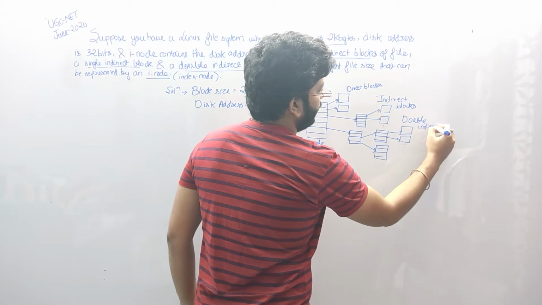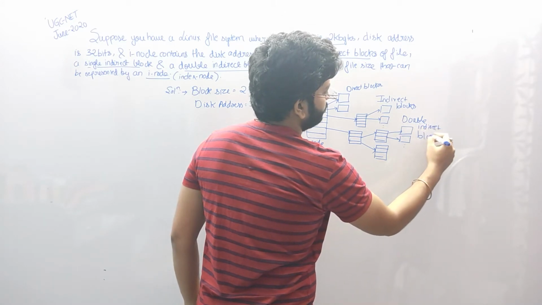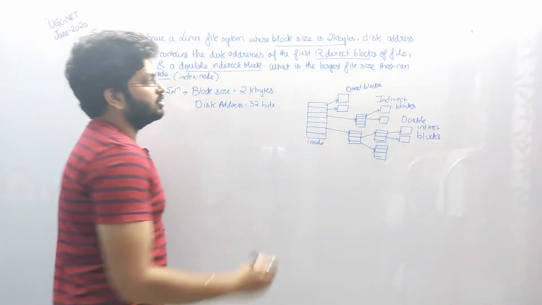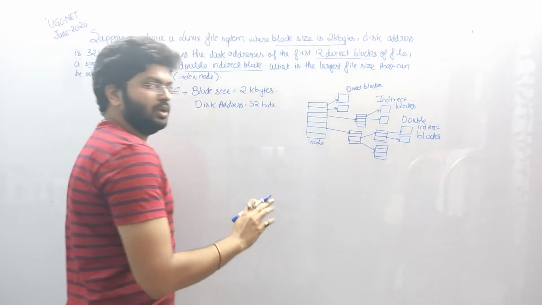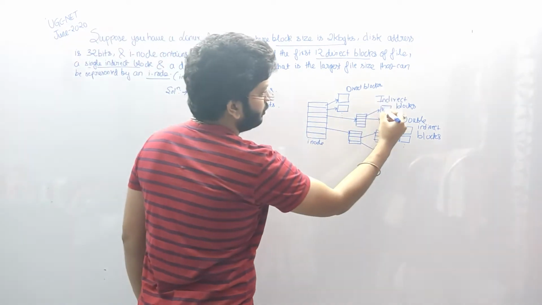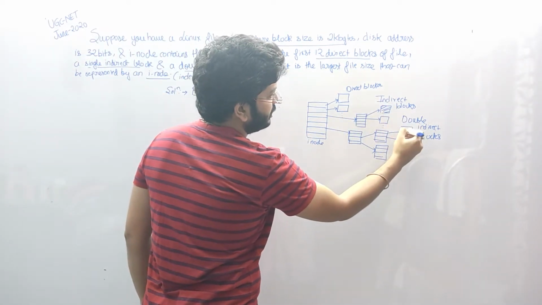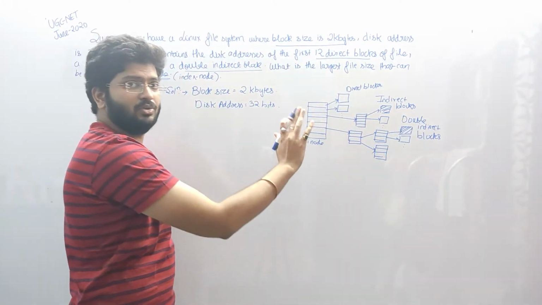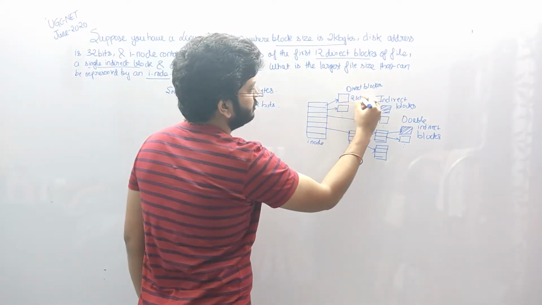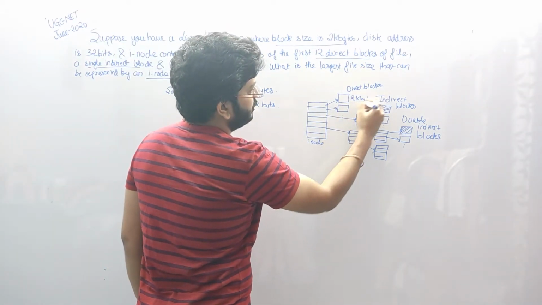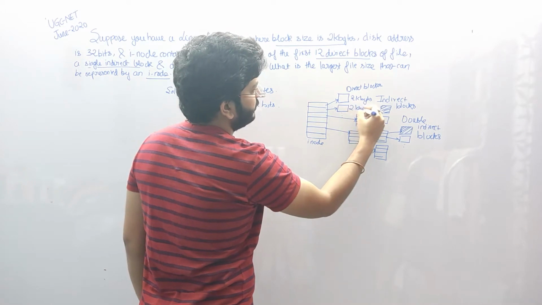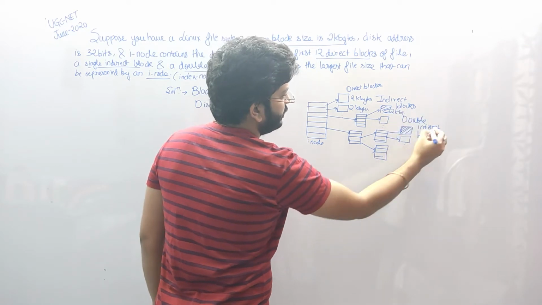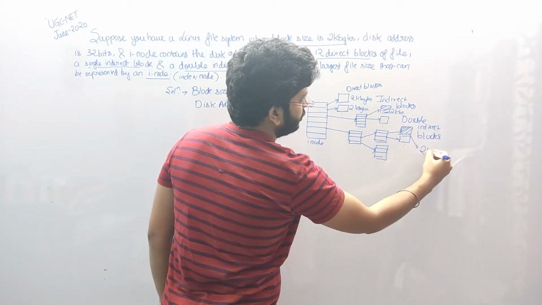These are double indirect blocks. So as per question we have 12 direct blocks, means this type of blocks we have 12. Okay, and this indirect block we have a single indirect block and a single double indirect block. All these blocks are of size, it is given each block size is 2 kilobytes. So this block size is 2 kilobytes, this block size is 2 kilobytes, and we have 12 such blocks. Here it is also 2 kilobytes, here it is also 2 kilobytes.